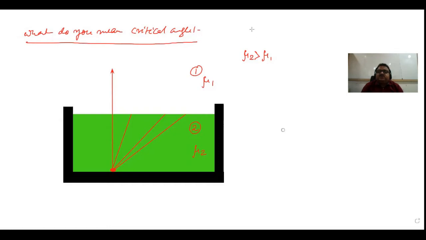Now watch this very, very carefully. Let's draw a normal first, drawing a normal for each of these rays.